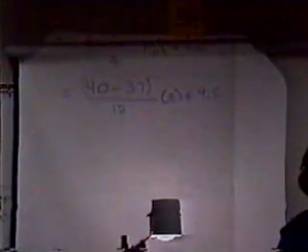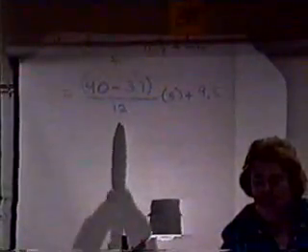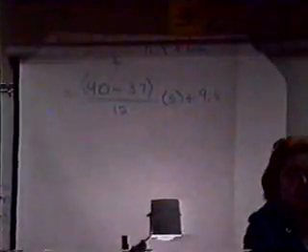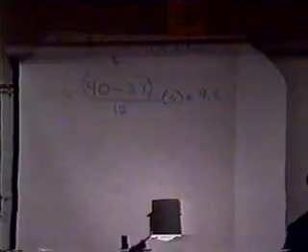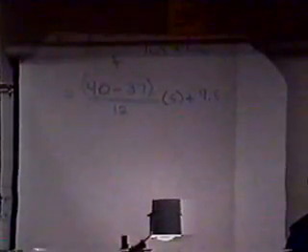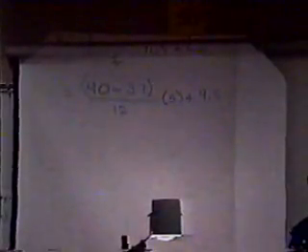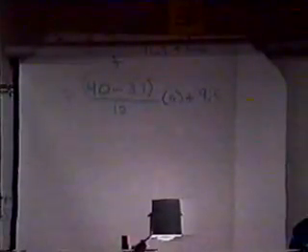Parentheses tell your calculator to do this operation first, then divide by 12, multiply by 5 and add 9.5. You can do all of this at once if you use parentheses: open parentheses, 40 minus 37, close the parentheses, divided by 12 times 5 plus 9.5.